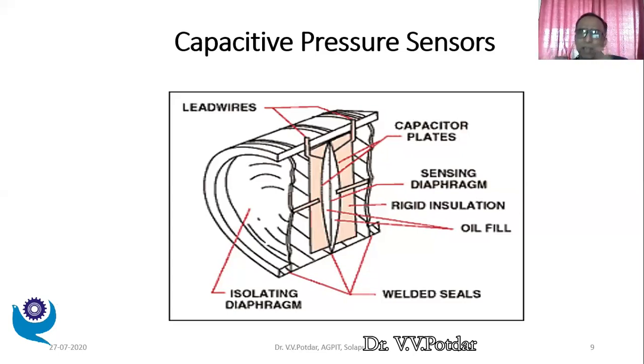Now this change in voltage drop, we are going to measure by using an appropriate voltmeter. This voltage drop is correlated with capacitance change, capacitance change is correlated with distance between the plates, and distance between the plates is correlated with applied pressure.